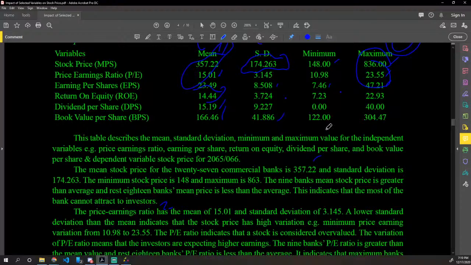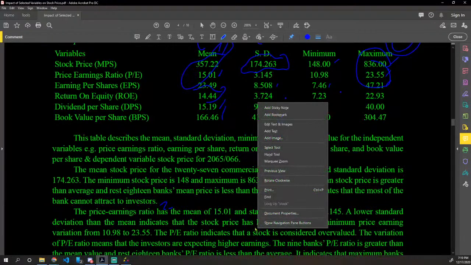Basically, if there is a change in the price earnings ratio or EPS, there will be a change in price as well. So that's more volatile kind of thing, right? The stock price has a high variation, and since the deviation is lower, that indicates lower deviation, right?